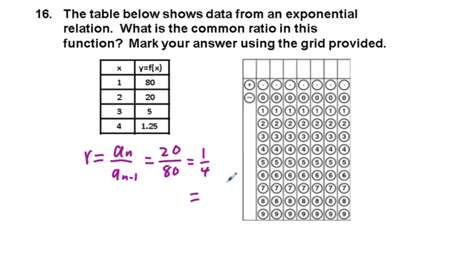And to put this in a grid, standard decimalized grid, that's going to translate to 0.25. So we can just fill that in here. I'll put in 0.25.